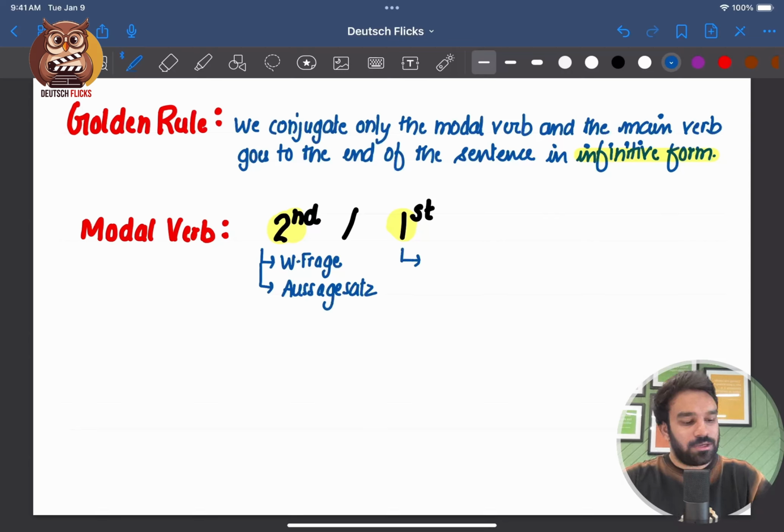Now for yes no question, ja nein Frage, we will use first position, and this thing is very similar to our English grammar. If you don't know this concept, you can watch my lesson on these types of sentences. So take a look at the conjugation and the rules we have just discussed, and you have to translate this English sentence.